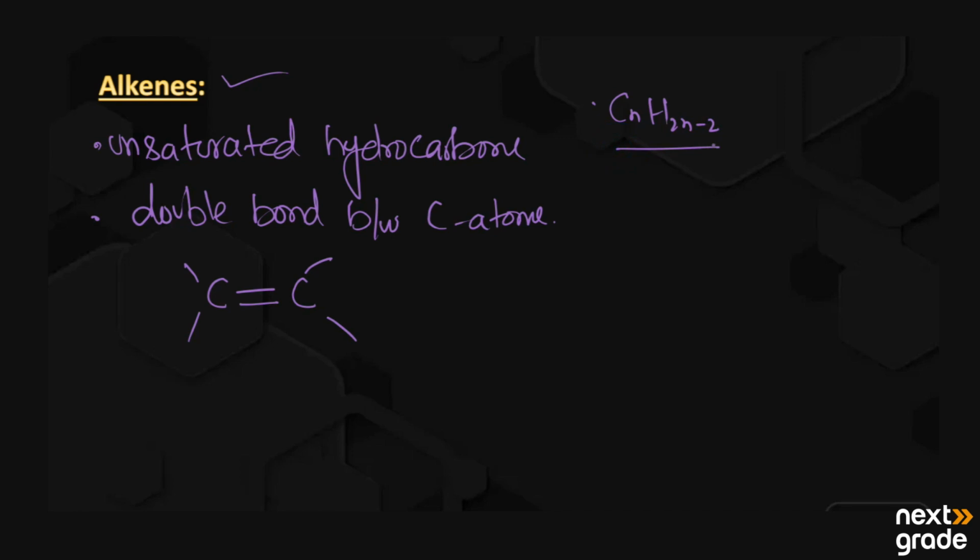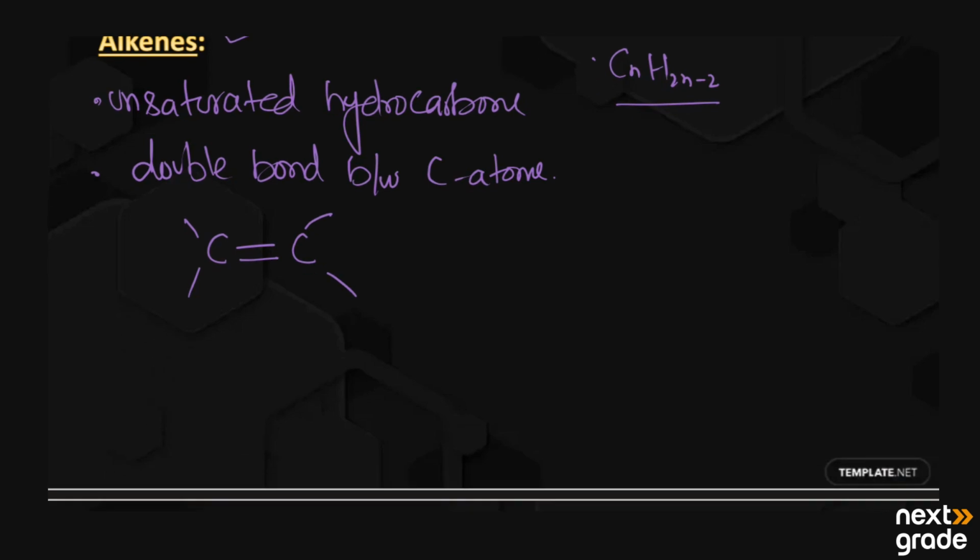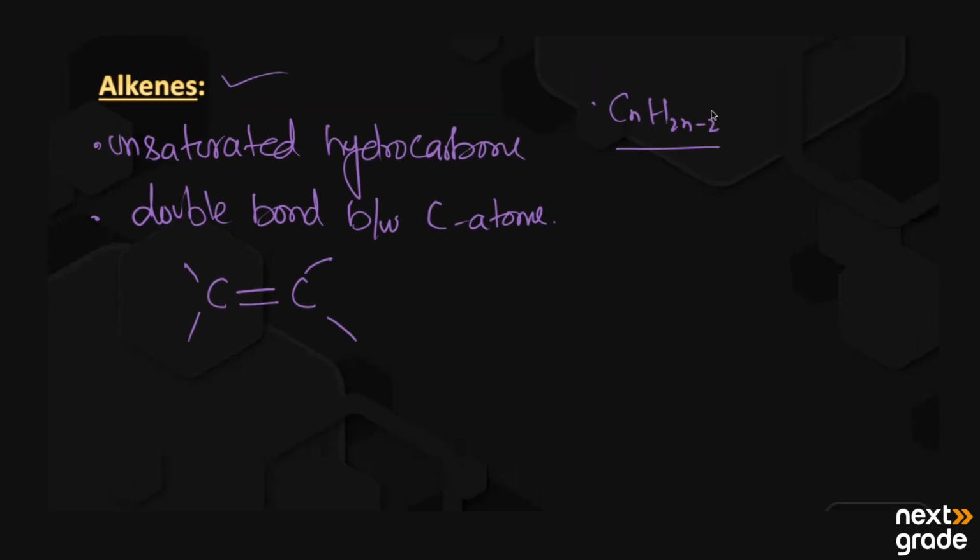So this is the general formula for the alkenes. N tells us how many carbon atoms we have.